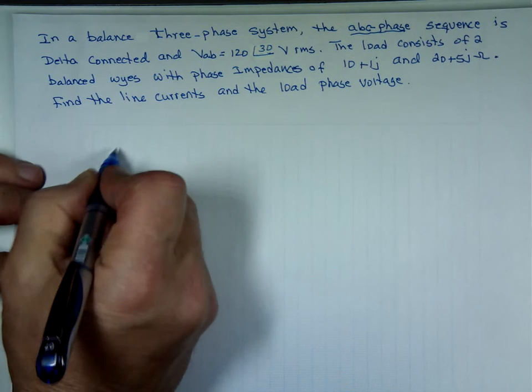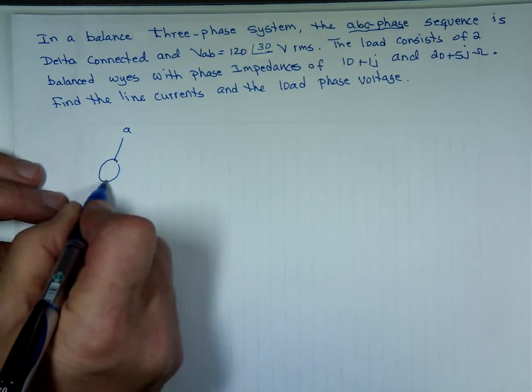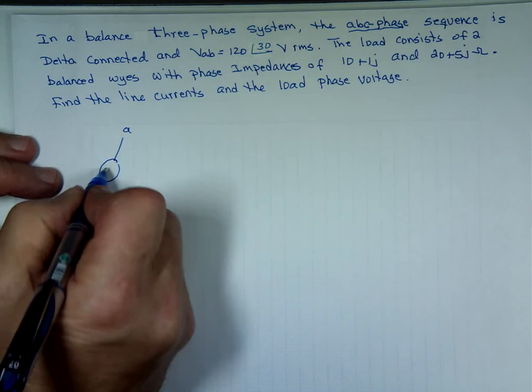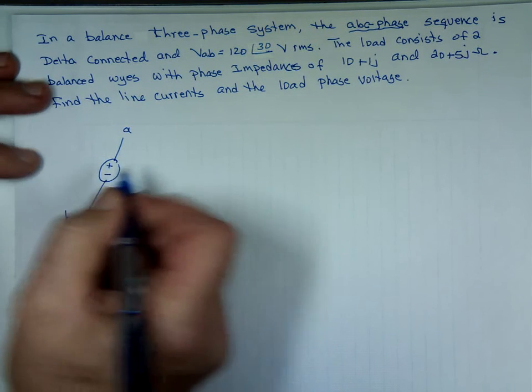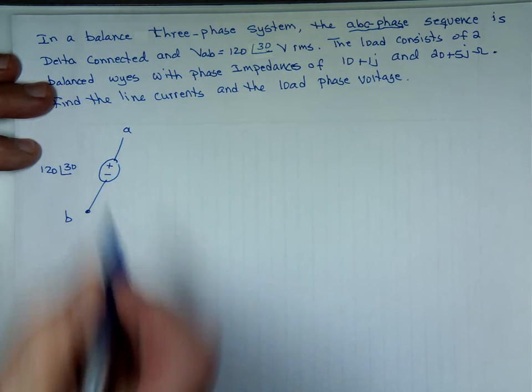So this is what we have. This is A, this is B, plus to minus VAB, that's your source, is 120 angle 30.